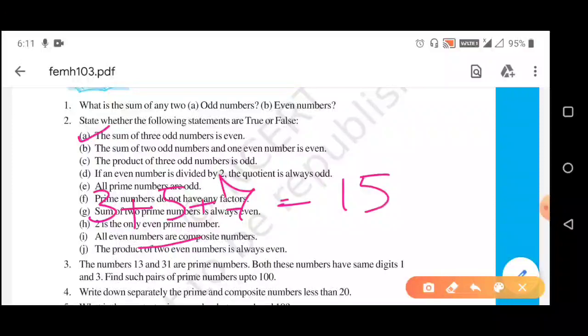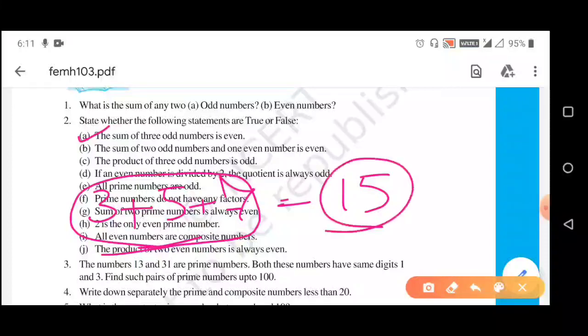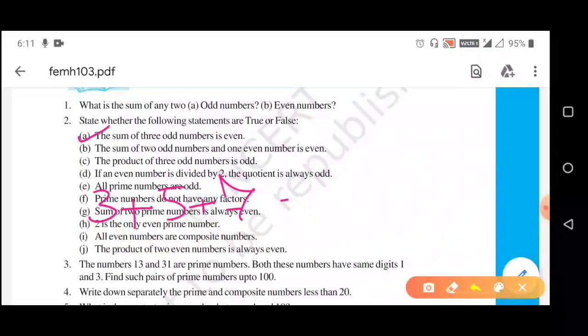So here we are getting the sum of three odd numbers is an odd number. So the statement that the sum of three odd numbers is even is false. So we will write here false. So F for false.